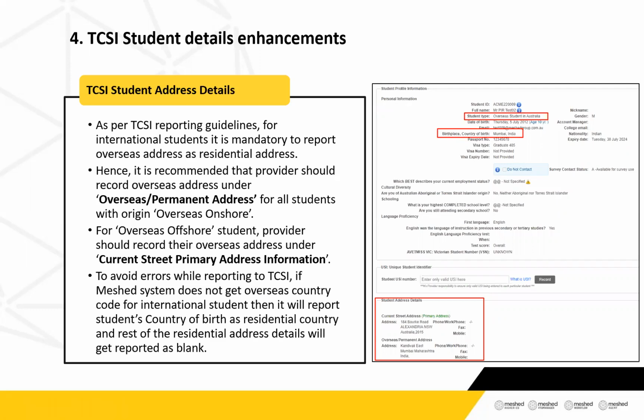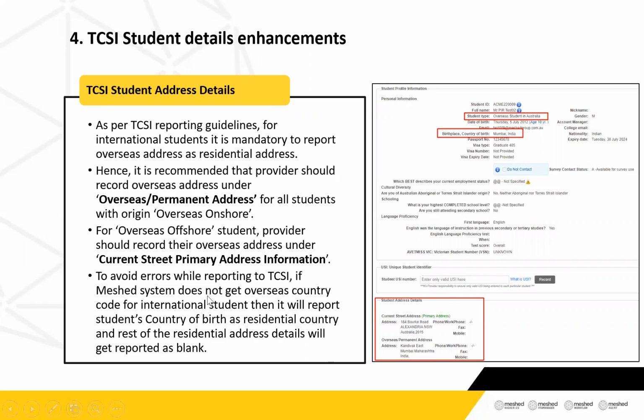And the rest of the fields related to address details such as state and postcode will get reported as blank for that international student. Because as per TCSI reporting guidelines as well, state and postcode for overseas details are only required for the domestic students.